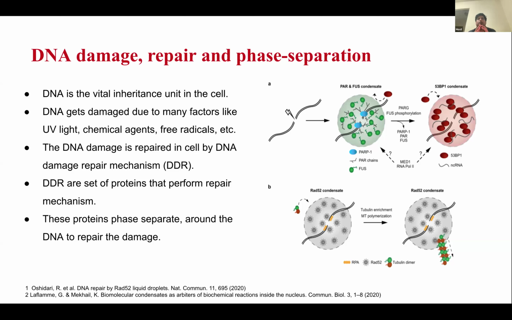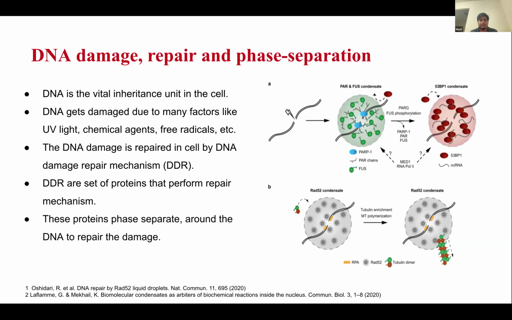When a DNA break has to be repaired, there's a need for a phase separated cluster of many proteins like PARP1 and FUS protein, and not only proteins, but also biomolecules like non-coding RNA. These form a cluster, a condensate.